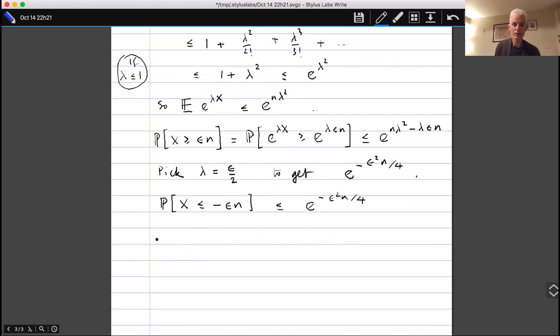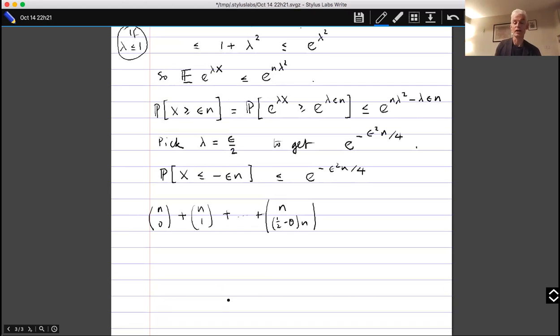Now, I want to look at the sum of binomial coefficients n choose 0 plus n choose 1 plus all the way up to n choose a half minus theta n. But what is that?